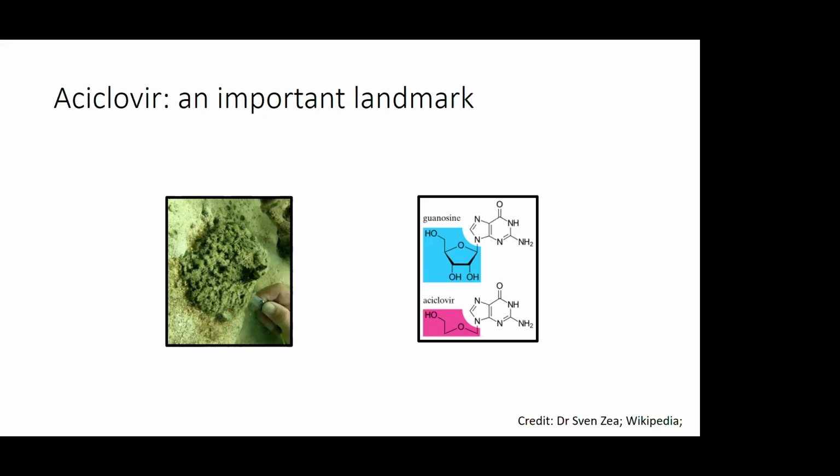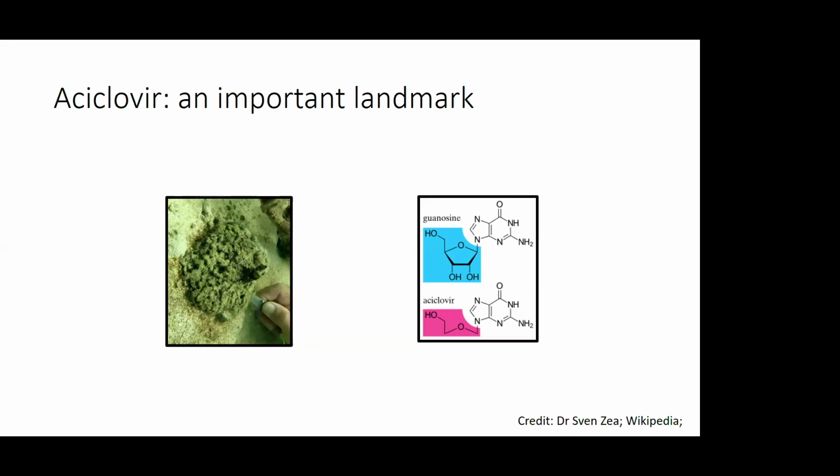It is a guanosine analog, but it is acyclic. So it actually used to be called acycloguanosine rather than acyclovir, and it is extracted, like many nucleosides, from natural sources, like this fungus from the Caribbean called C. crypta.